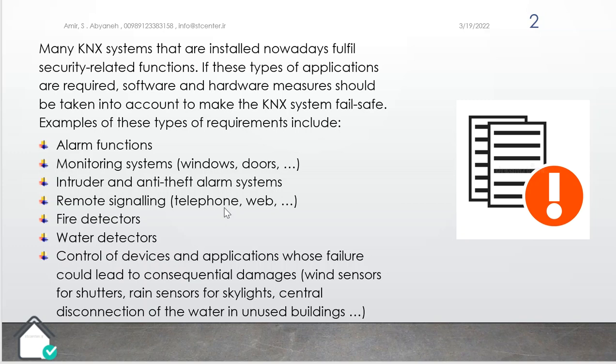How do we prevent it? We use the wind sensor based on KNX. We use the KNX relay actuators, which provide us alarm functions, and we combine them to make automatic actions in case of any strong wind. So this is the safe planning.